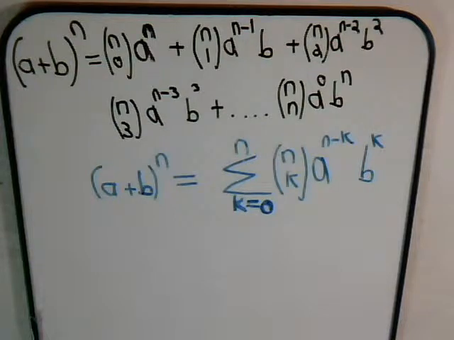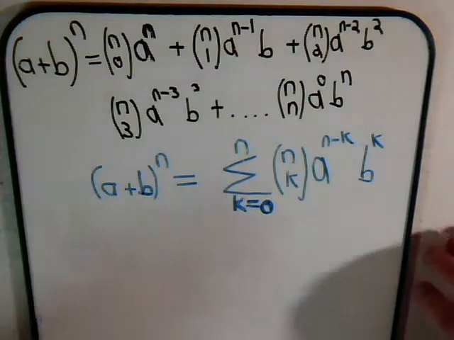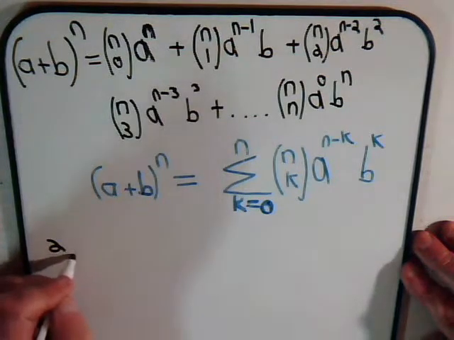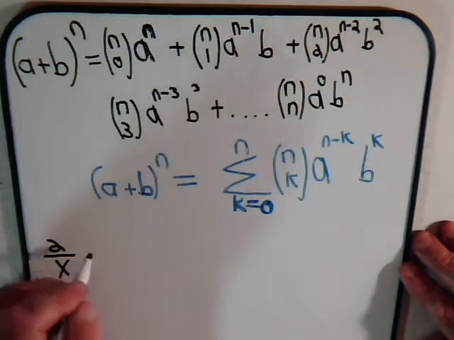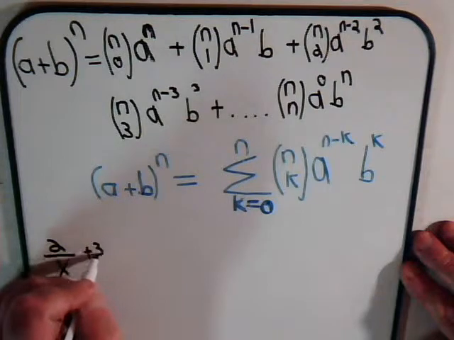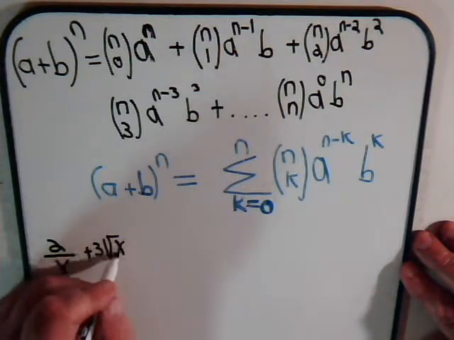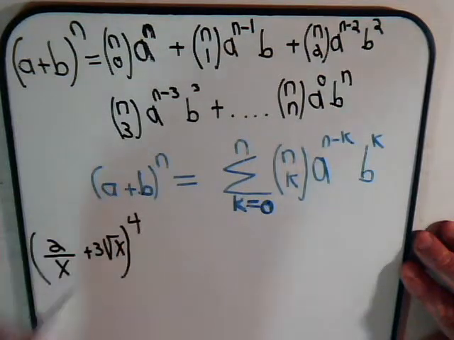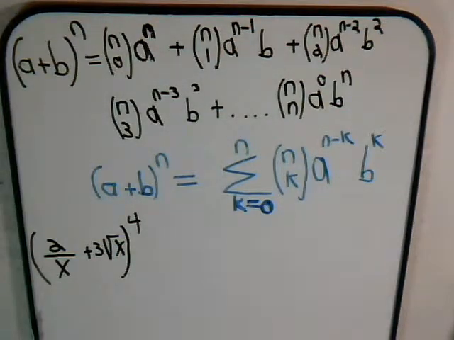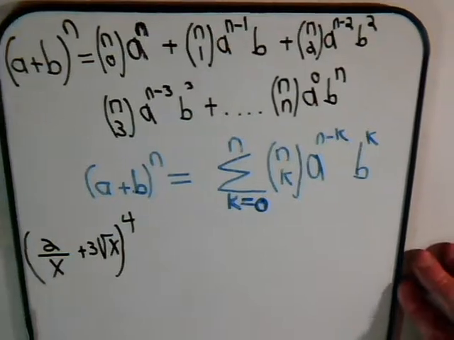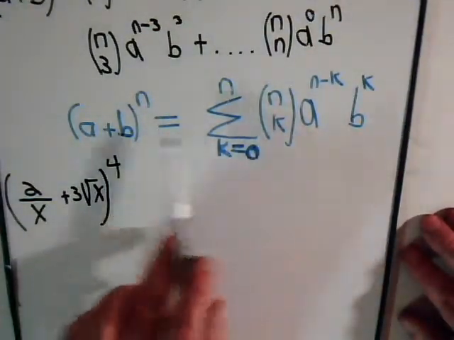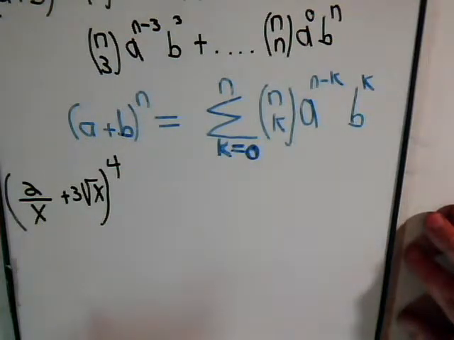So suppose we had, say, this kind of a situation where there is 2 divided by x plus 3 times the square root of x, raised to the 4th power. And we want to go ahead and use our binomial expansion theorem to get an expression for this.